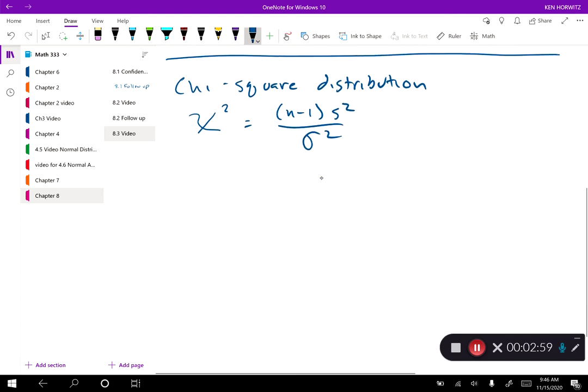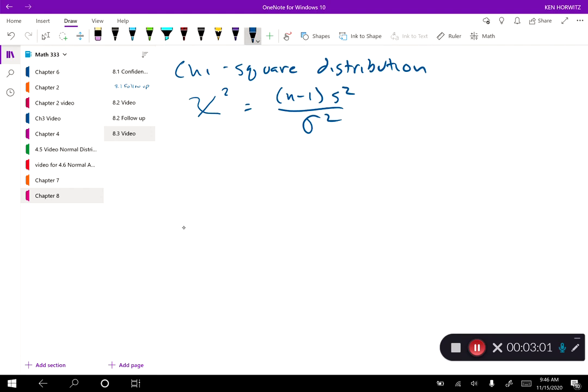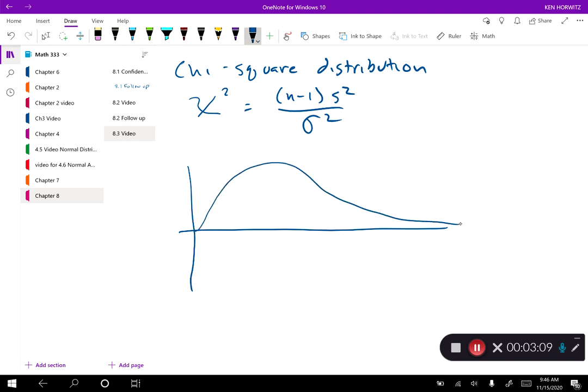When we graph our chi-square, initially it looks fairly normal. However, there are a couple of differences. I'm going to just sketch a graph right here. It is somewhat bell-shaped, but it's not symmetric. And notice it starts at 0.